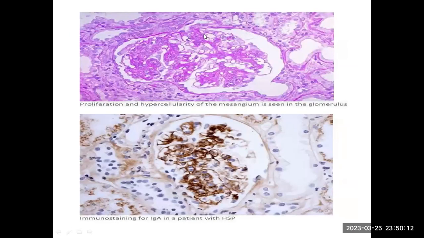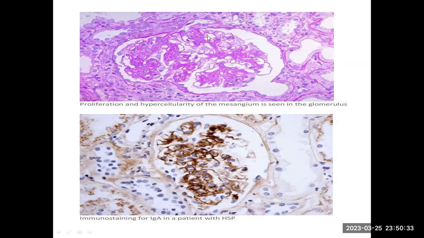As you can see, this is a tuft of glomerulus. You see here, the darker areas are due to expansion and proliferation of the mesangium. Remember, the mesangial cells are located between the glomerular capillaries. So the mesangial cells here are proliferating around the glomerular capillaries.